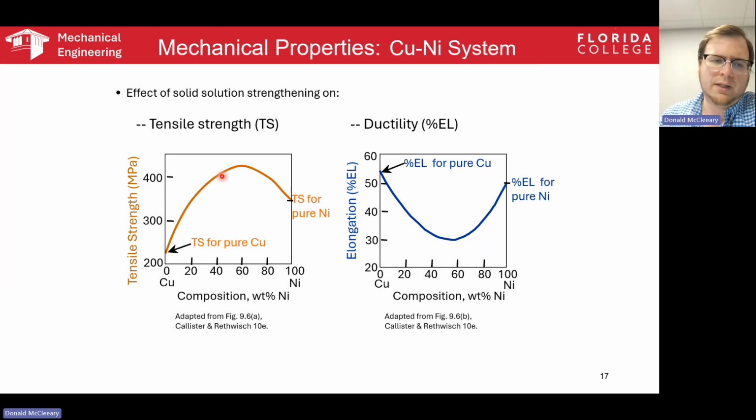That's acceptable for me, at least 300. But I need a ductility that would be between 15 and 40. So if I look over here, 15 and 40, then what kind of ductility can I get? Well, if I need that ductility really low, maybe 35, I know where to go, and I can get what I need from both of those ends.